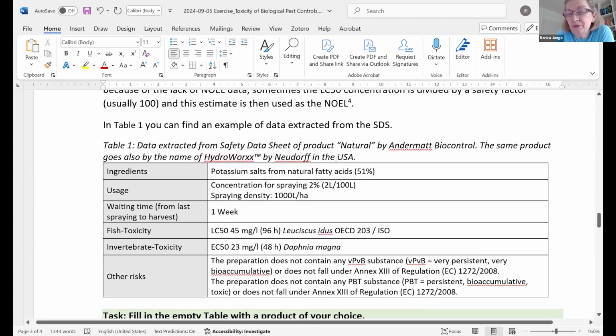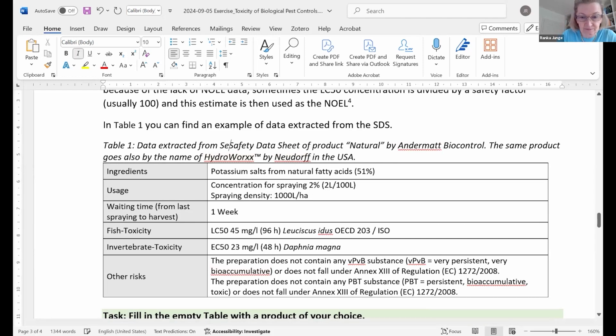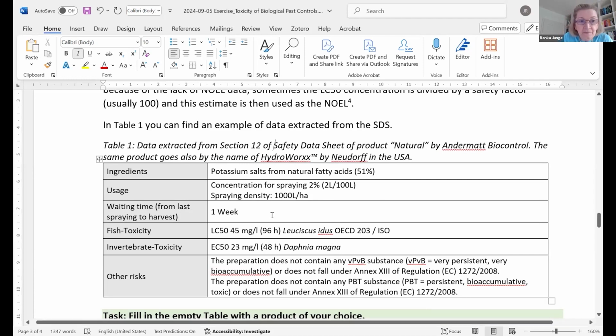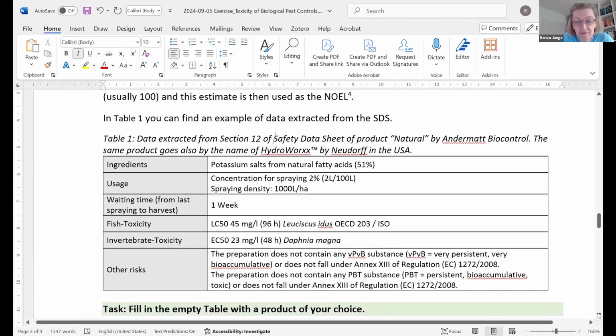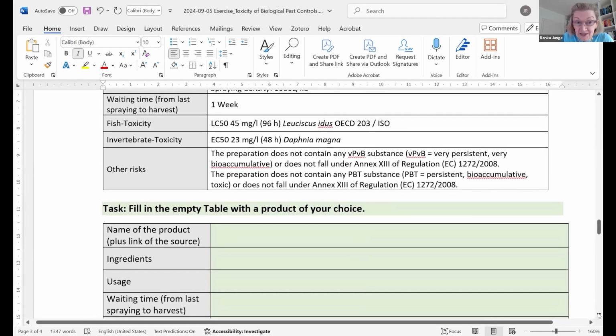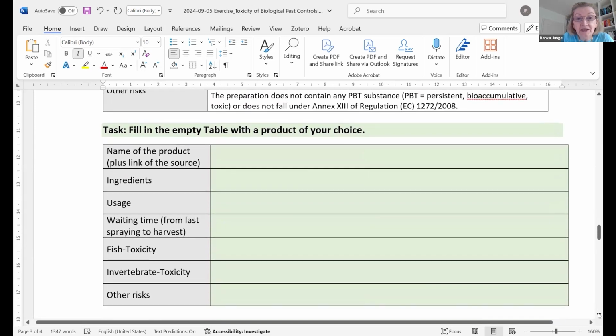It has also another work, and you can look at this safety data sheet there. So this is section 12. And you can see fish toxicity 45 milligram per liter, invertebrate toxicity 23 milligram per liter, and there are some other risks. So your task is to fill the empty table with a product of your choice.